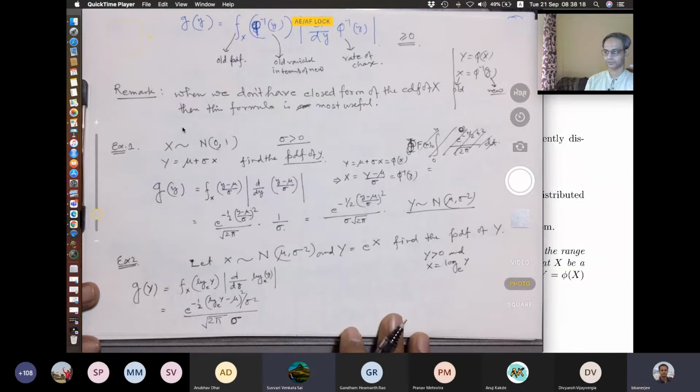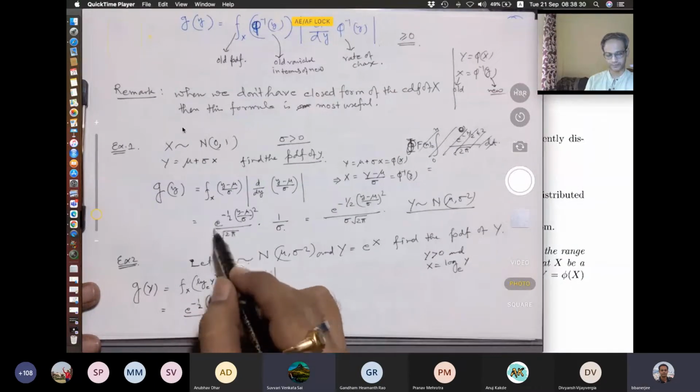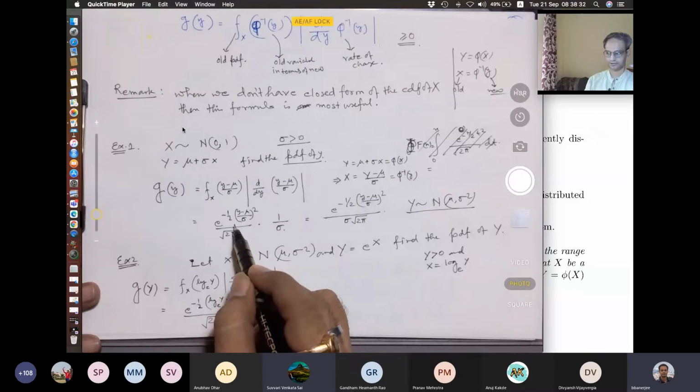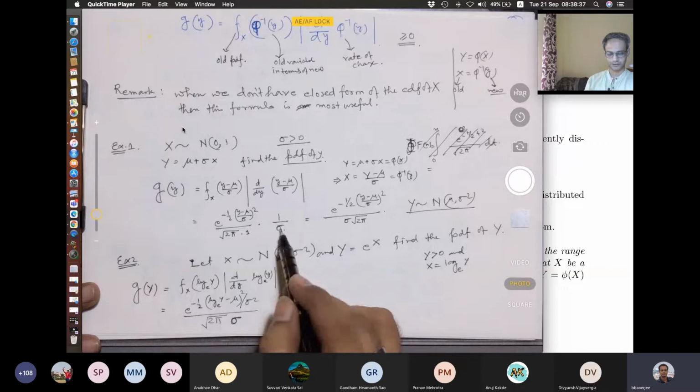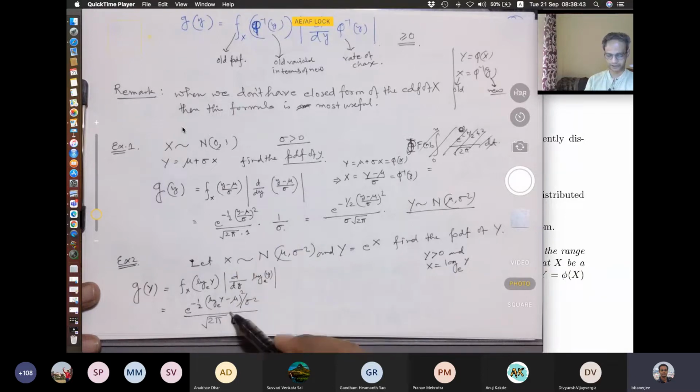The above formula came from the PDF of normal 0 1, where sigma was 1. Now this whole is applicable directly here. So sigma is here, root 2 pi is here, everything as it is. Now the derivative we have to multiply: it should be 1 by y.